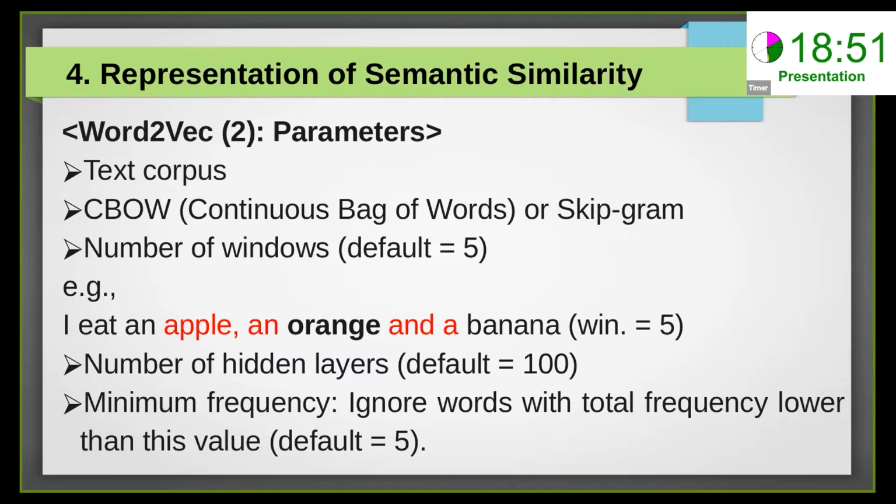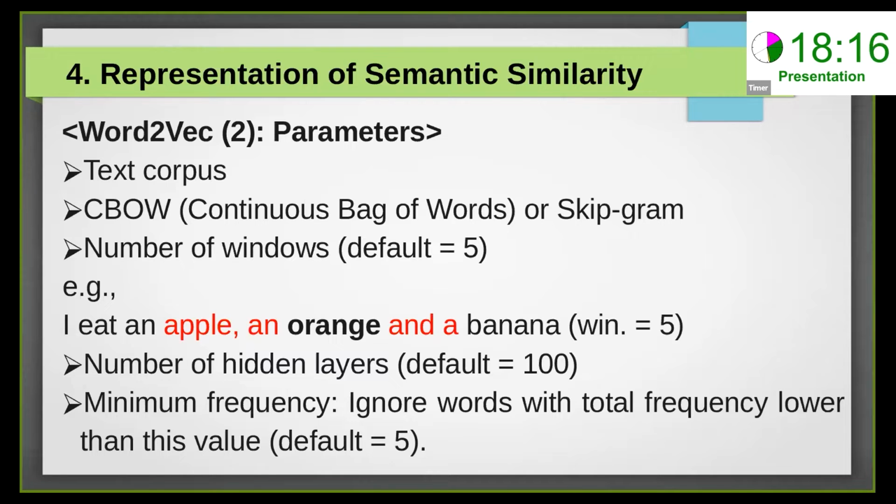And number of windows is nothing but the range of context. And let me give you again an example sentence. I eat an apple, an orange, and a banana. If you take orange as the target word and the number of windows set as 5, then the 4 words surrounding the target word orange are chosen as its context.